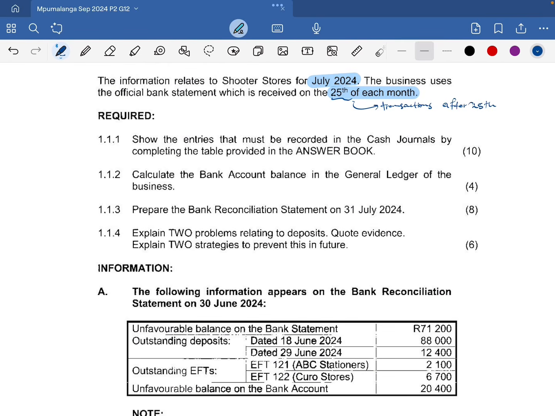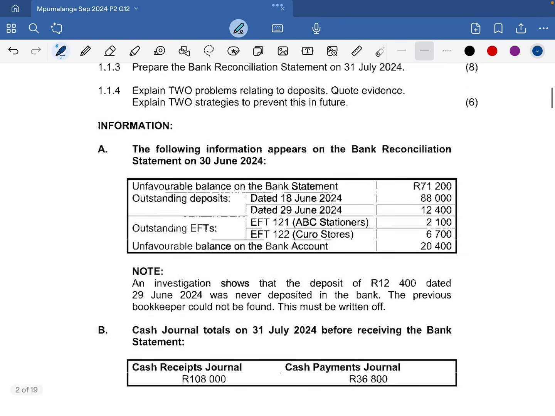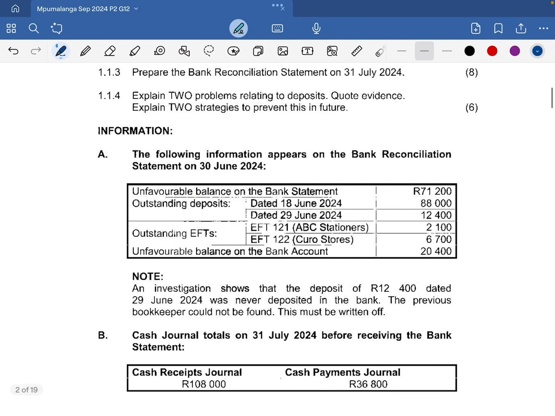Now the last one says explain two problems relating to deposits, quote evidence, explain two strategies to prevent this in future. Okay, so we're given information A. The following information appears on the bank reconciliation statement on the 30th of June 2024.